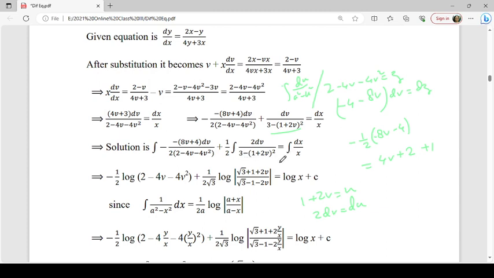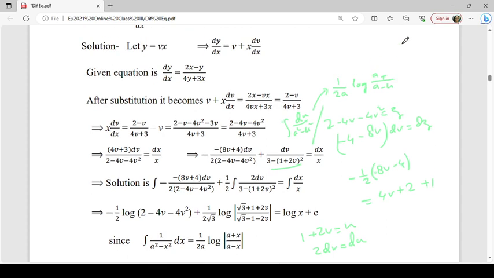and this integration, this is a standard formula, this integration is 1 by 2a log of a plus u by a minus u.